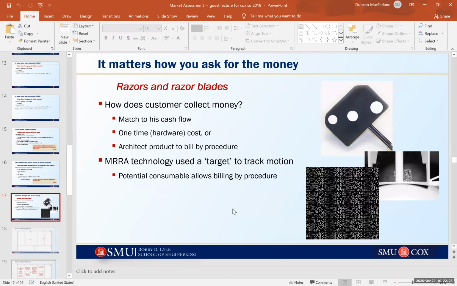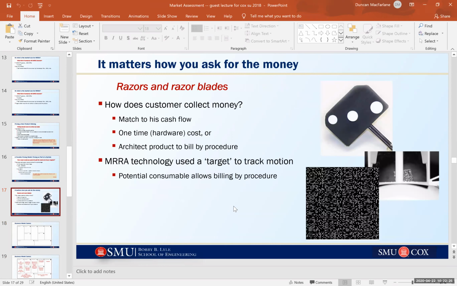And then it also matters to some extent, and this goes into your channel, it goes into your value proposition, how you actually collect your money. So far we've been thinking of this as a one-time hardware cost, but that doesn't match how the customer gets that money, because the hours of the magnet are billed out at $500 per scan or $500 per half hour.